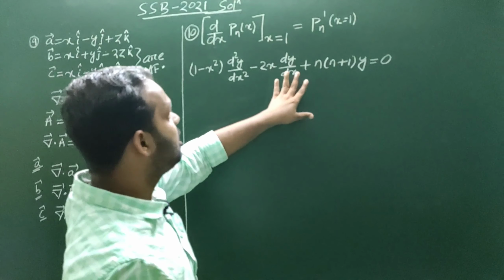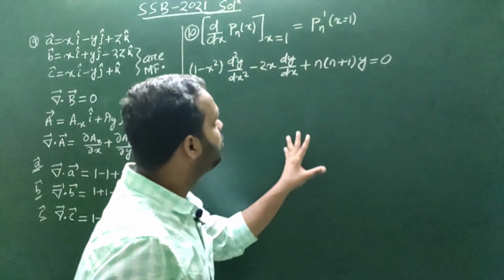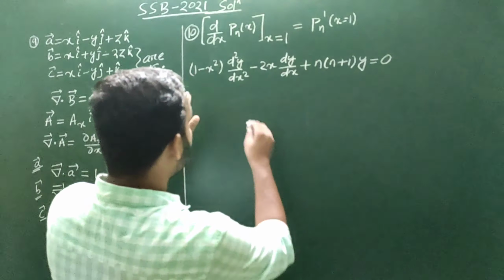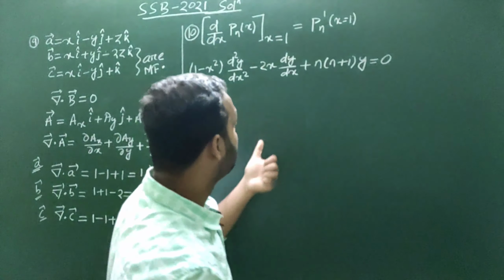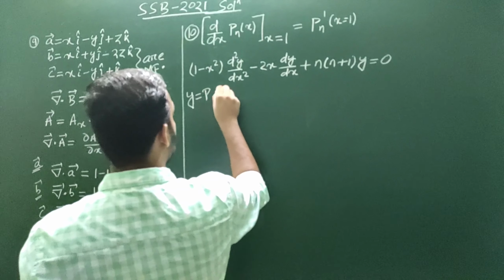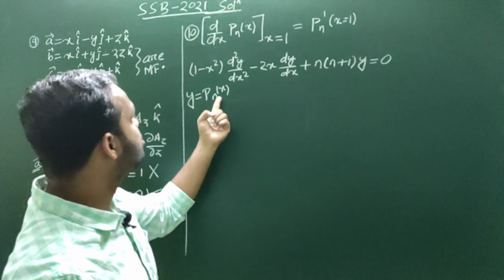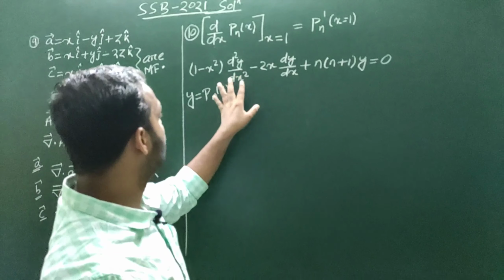This is the Legendre differential equation. Now you know, after finding the solution, you get a Legendre polynomial. So the Legendre polynomial satisfies this differential equation. So we can put y is equal to Pn of x, because this Legendre polynomial Pn of x is the solution of this Legendre differential equation.